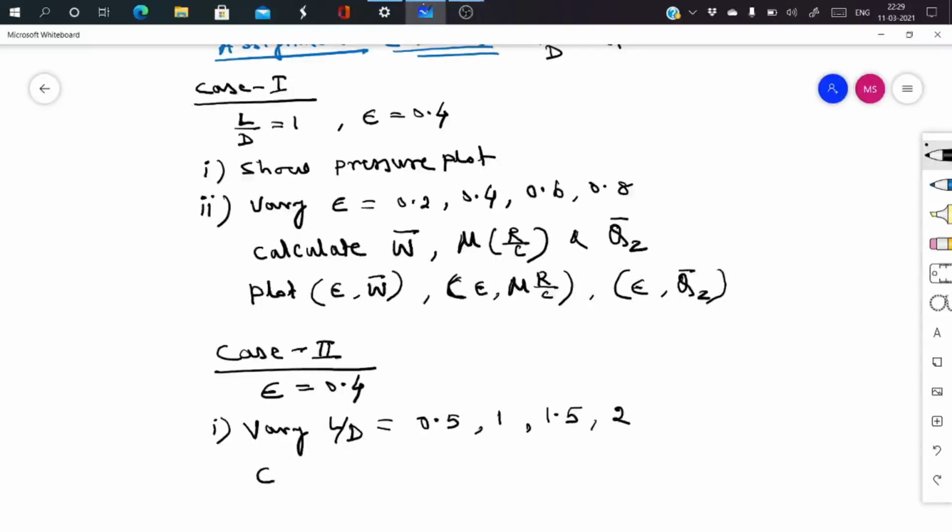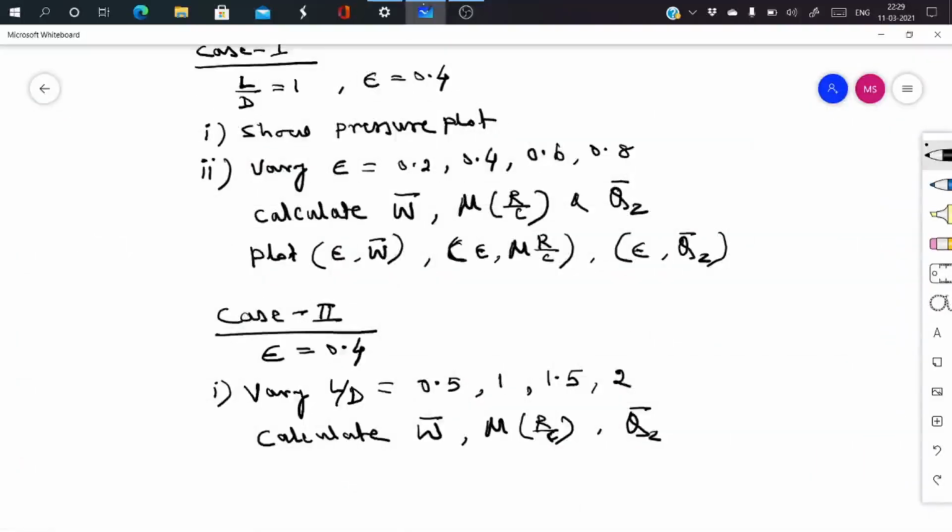Then similarly calculate W bar, mu R by C and QZ bar. After calculating this, you again do the 2D plot.